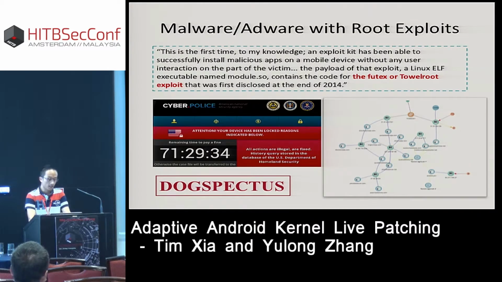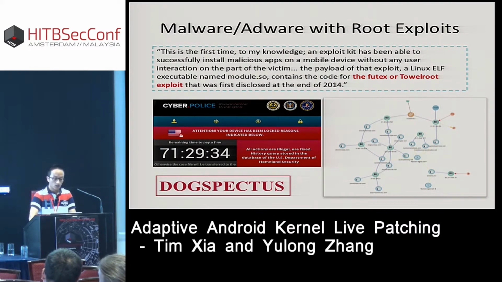And the most recent incident is this, the Dark Spectres. The most special characteristic of this sample is that it uses the Hacking Team's exploit, which essentially uses the FreeType exploit. There are many cases like this: the exploits are public, but the devices are not patched.